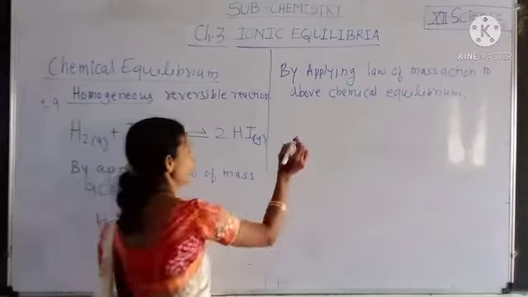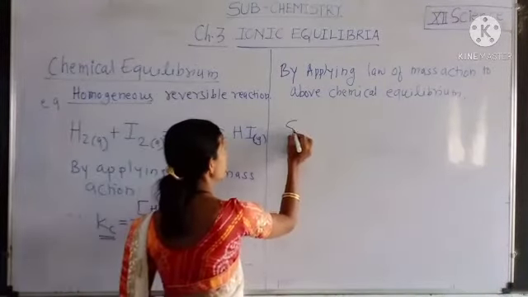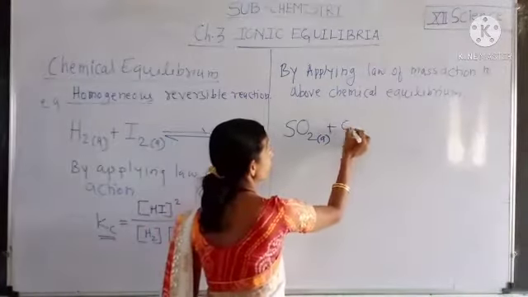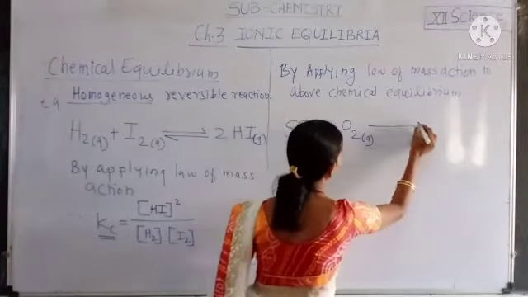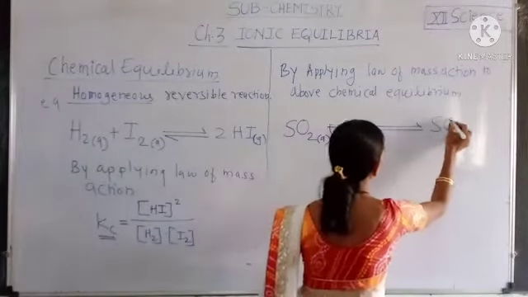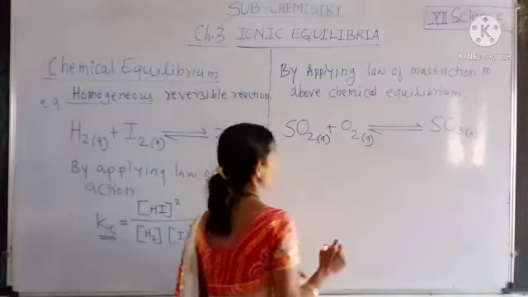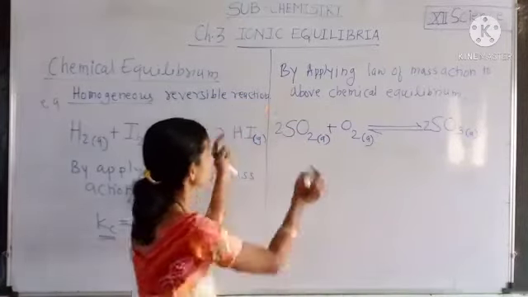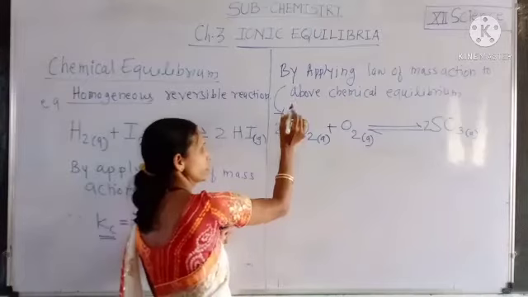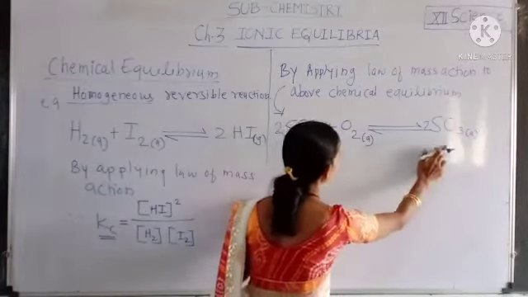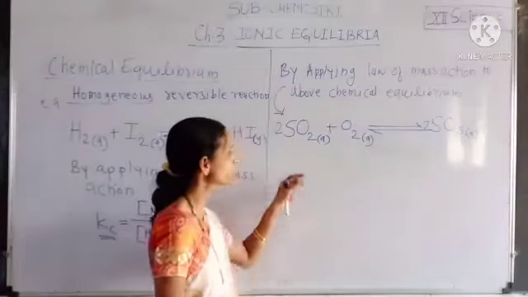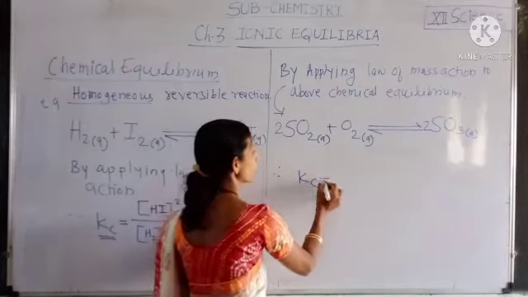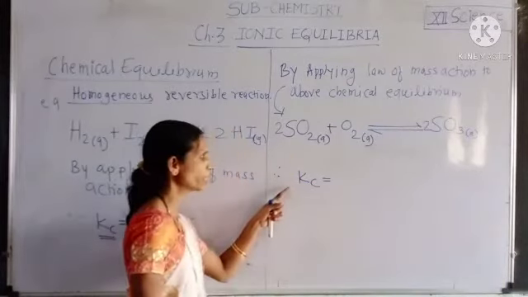One more example I am going to discuss with you: SO2, sulfur dioxide. When it undergoes oxidation, it gives sulfur trioxide. Then we have to balance this reaction, and then we can apply the law of mass action to this equation. See here, these are all in gaseous state, or they may be in aqueous medium or liquid state. Therefore, generally we use Kc for writing the chemical equilibrium equation.